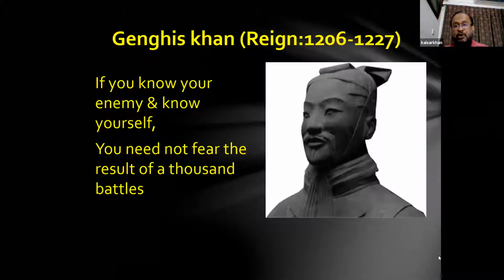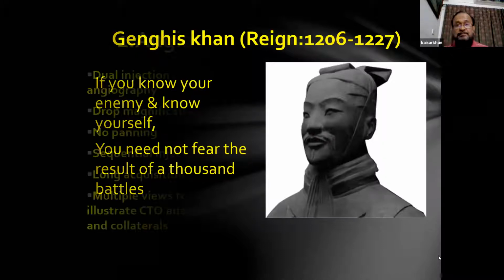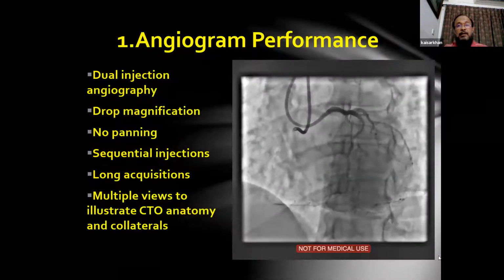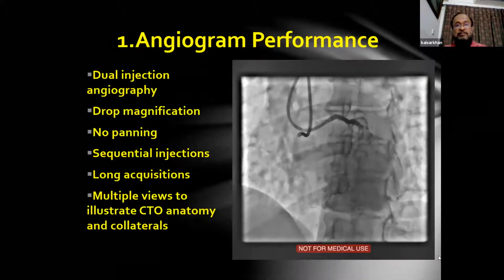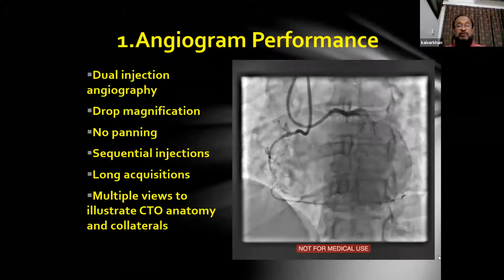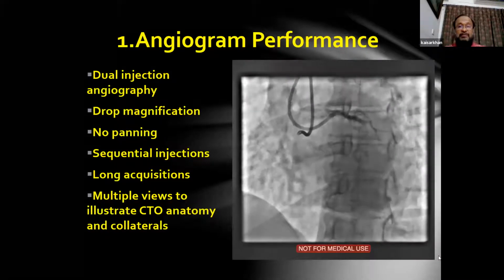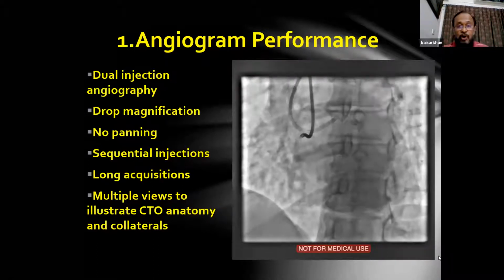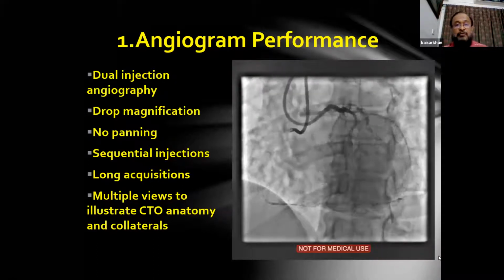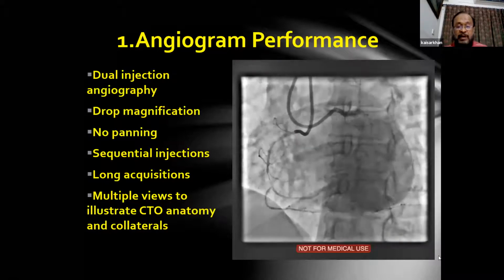And in CTO this rule also applies. So you have to perform your angiogram properly: dual injection angiography, high magnification, no panning, sequential injection, long acquisition, and multiple views to illustrate the CTO anatomy and collaterals.